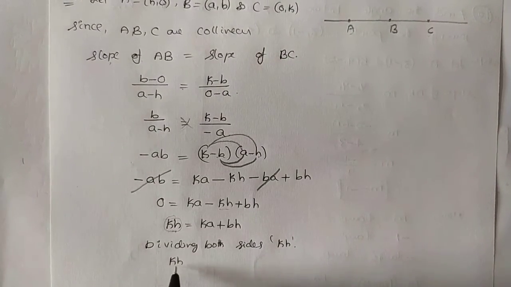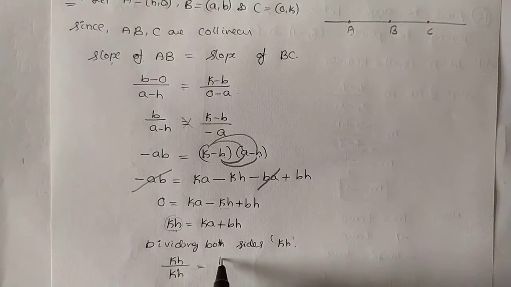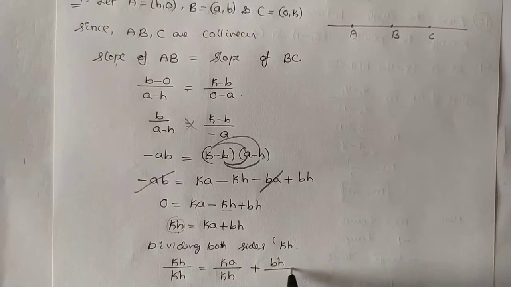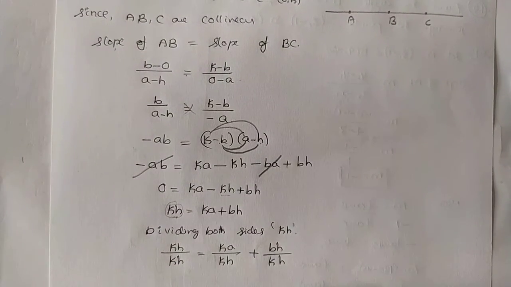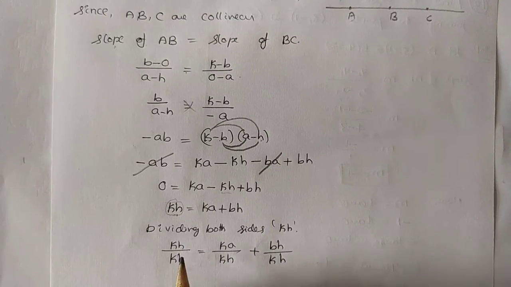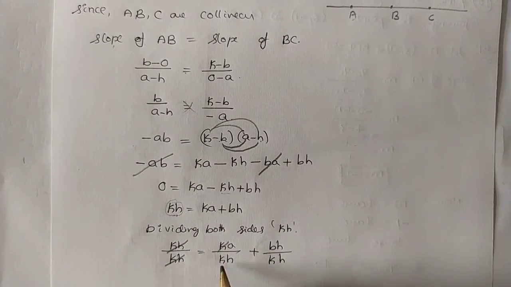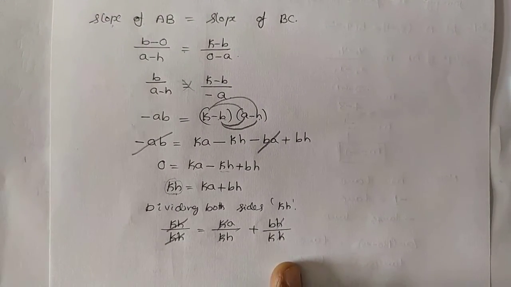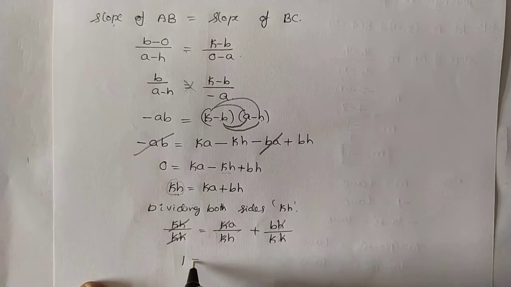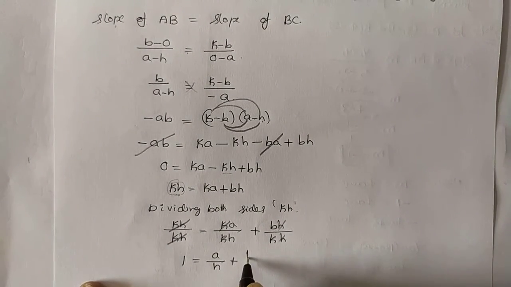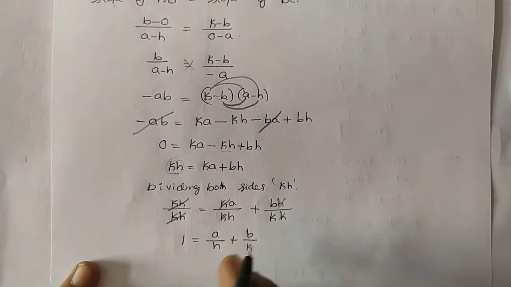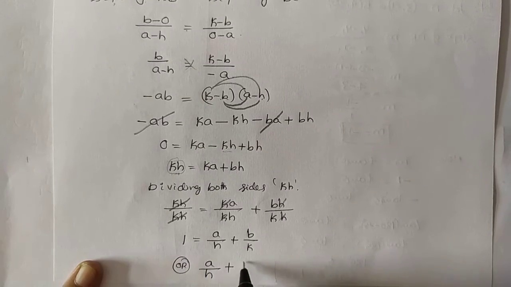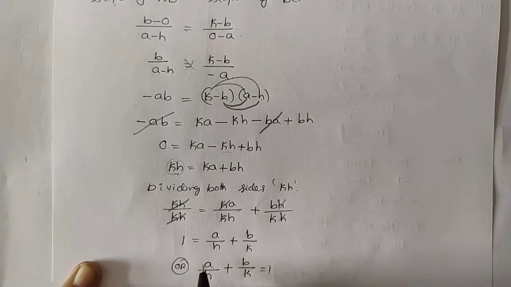Now kh divided by kh equals ka divided by kh plus bh divided by kh. See, kh gets cancelled, k gets cancelled, h gets cancelled. Finally we get 1 equals a by h plus b by k, or it can also be written as a by h plus b by k equals 1.